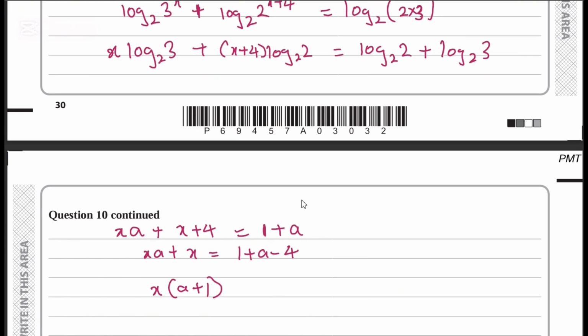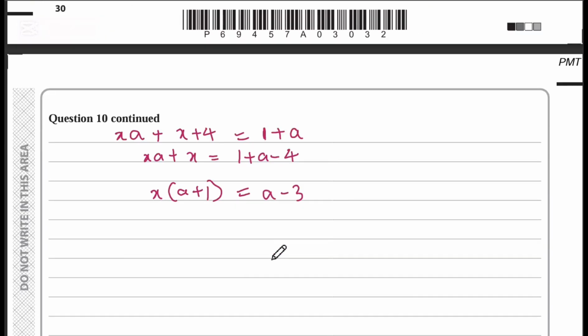If I expand it back, x times a is xa, x times 1 is x. And in here, I'd have 1 minus 4 is minus 3, so a minus 3. So finding x would be simply a minus 3 divided by a plus 1. This is your final answer.